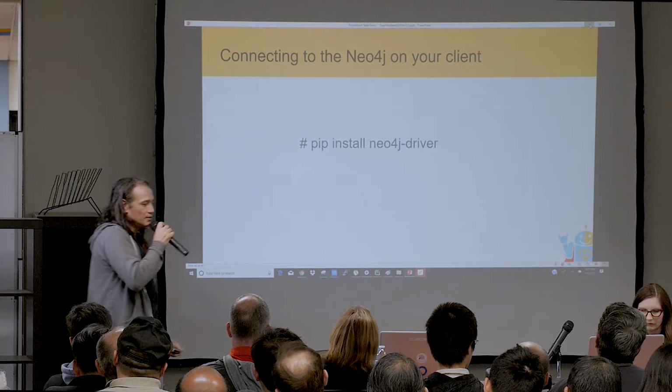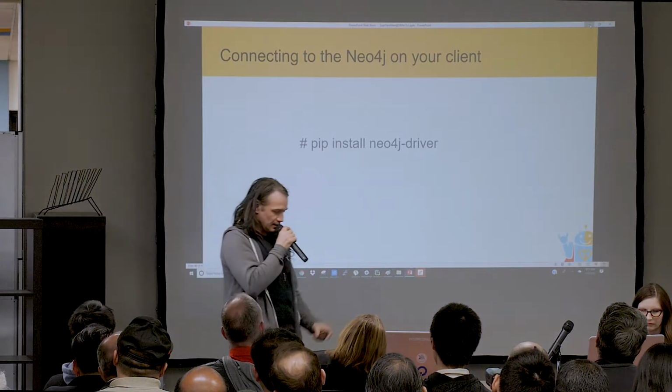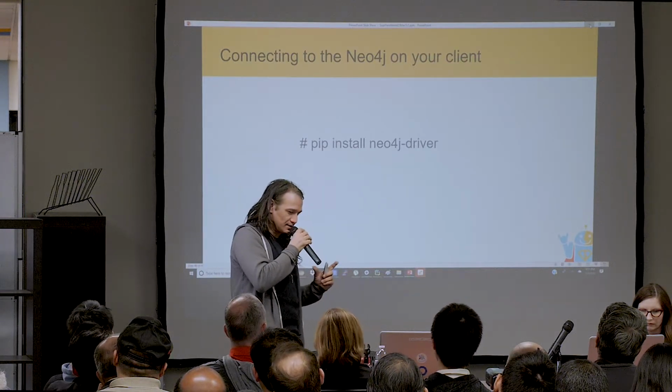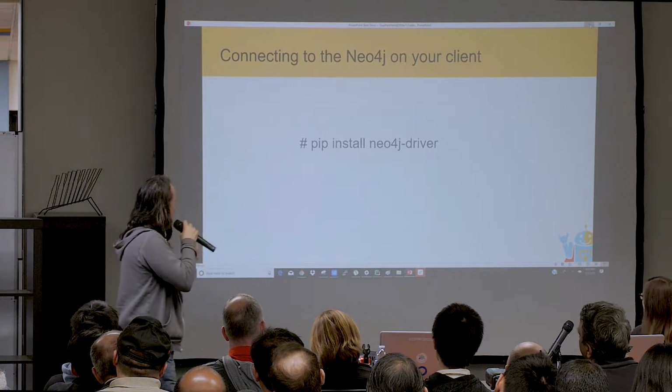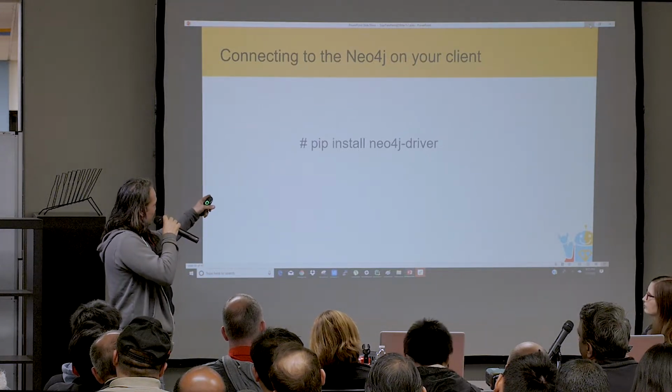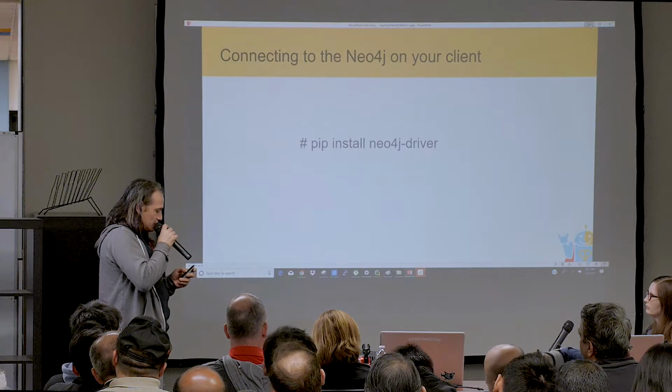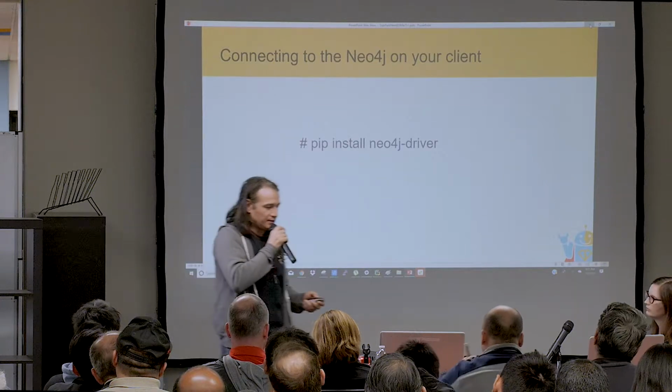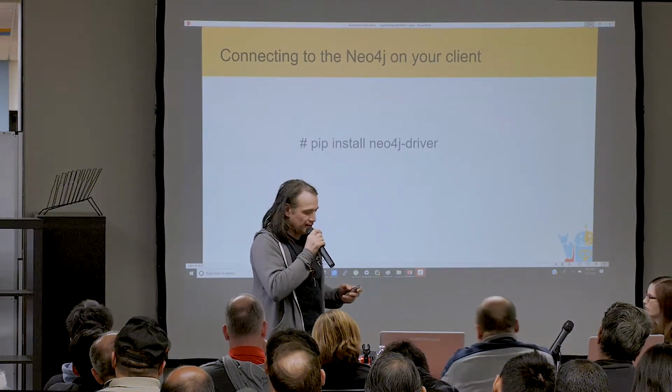The first thing you want to do, once you have the operating system installed and you're ready to go, is install the Neo4j driver, and it's pretty easy. You're going to do a pip install of the driver.